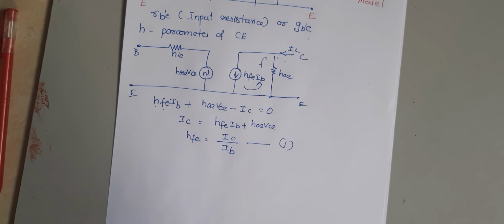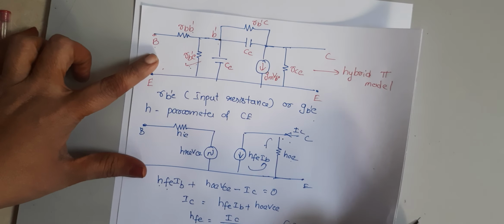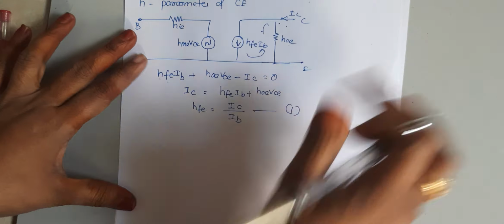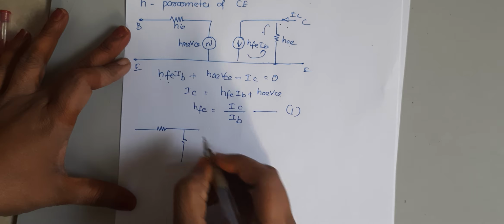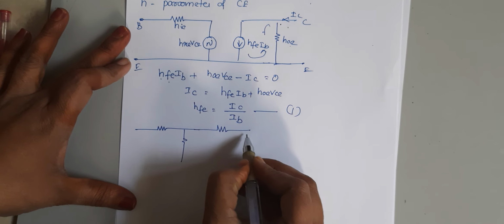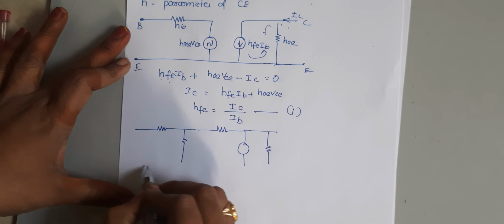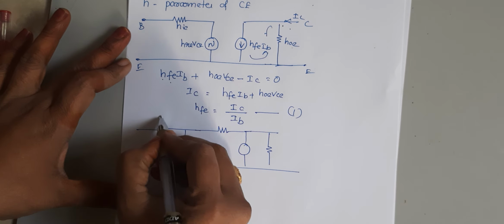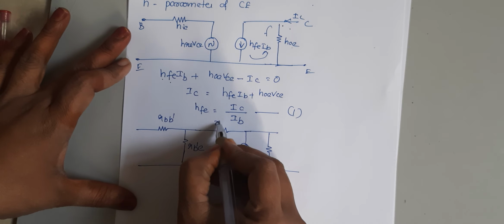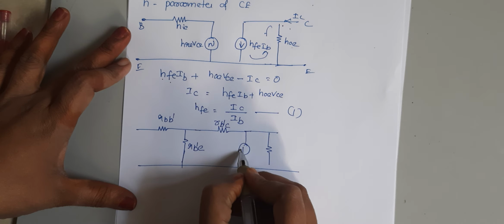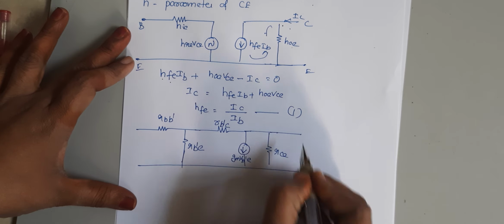Here we neglect the capacitive elements, so this hybrid pi model can be redrawn with RBB', RB'E, RB'C, GmVB'E and RCE.